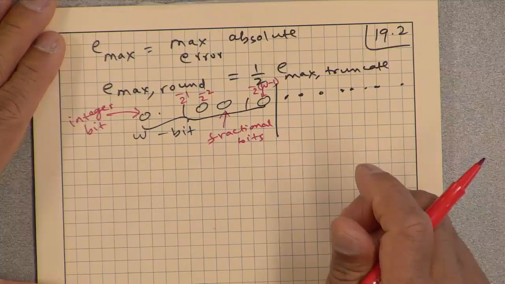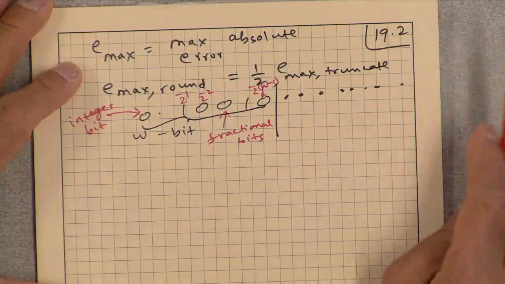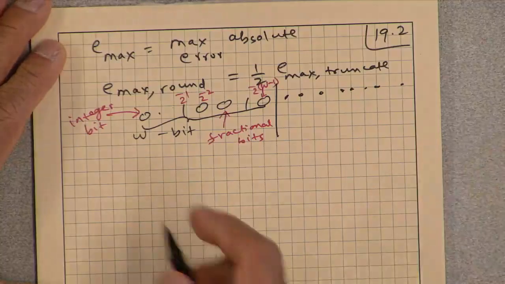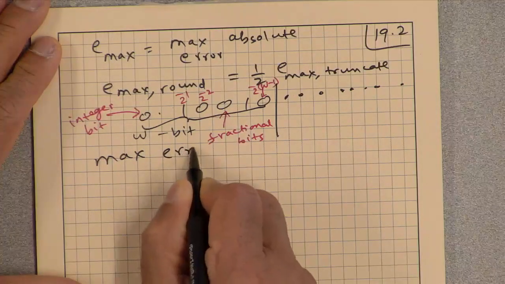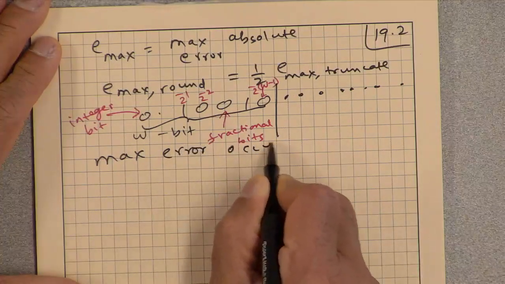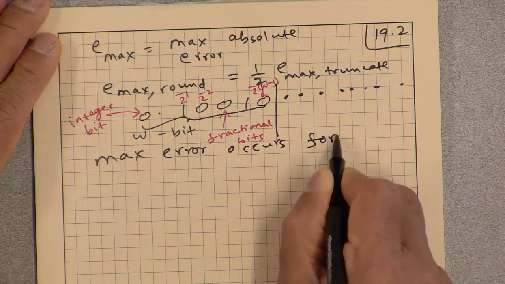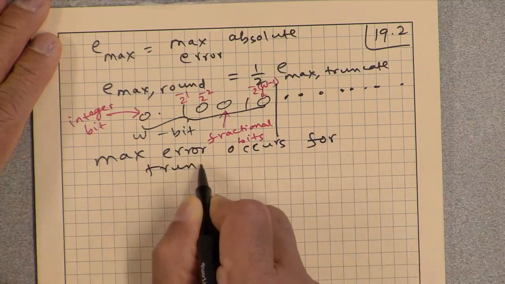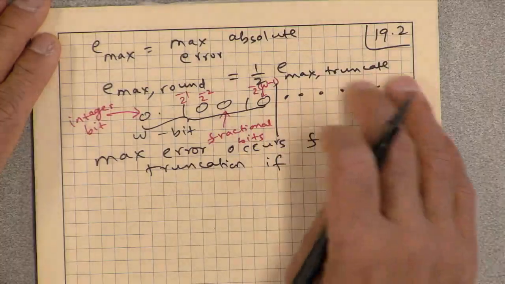Now, what is going to be the maximum possible error for truncation? When will the error be maximum?